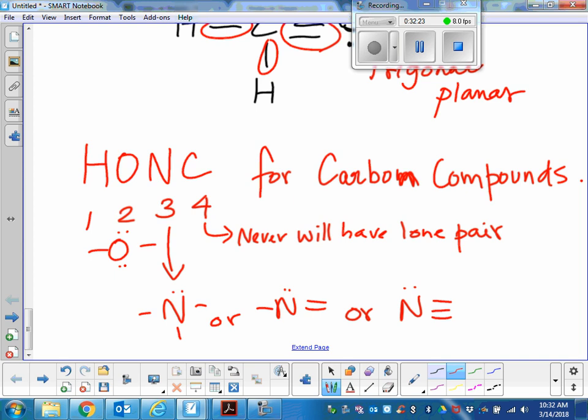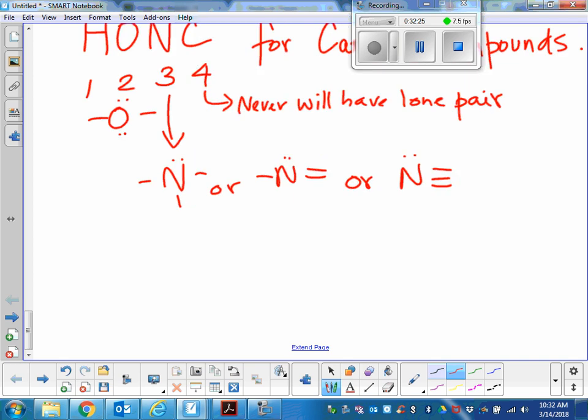So let's do an example here. All right? So let's say I have the compound C2H6. The compound for which I have to draw the Lewis dot structure and predict the shape is C2H6. There isn't 1 carbon, there are 2 carbon atoms. All right?